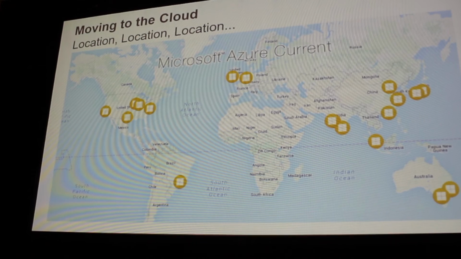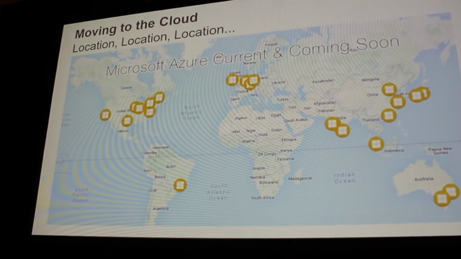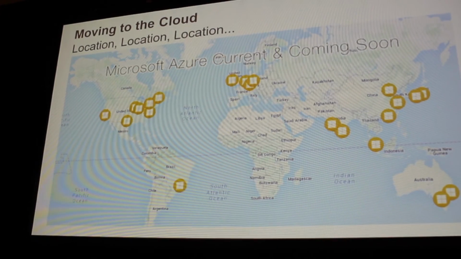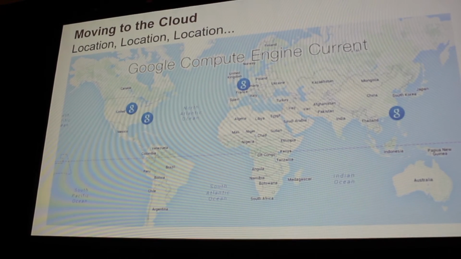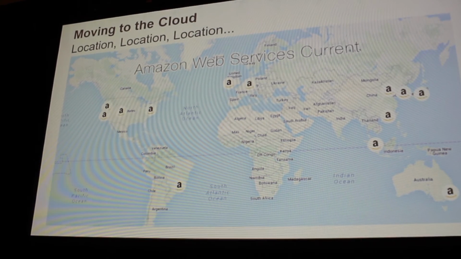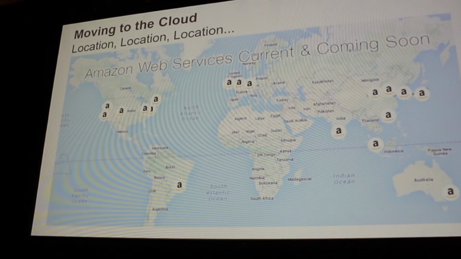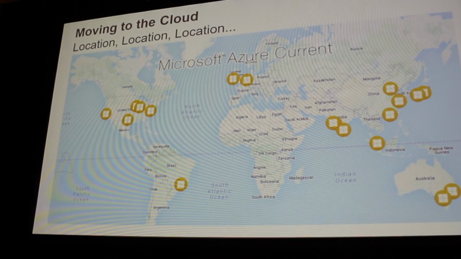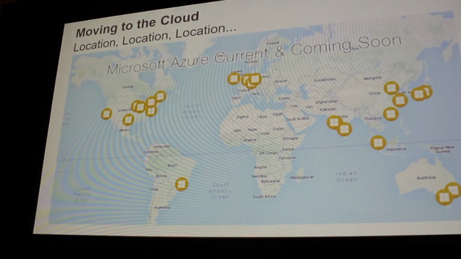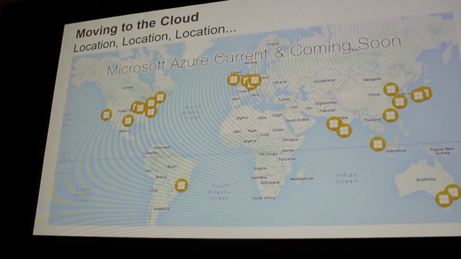You need to really minimize the physical distance between where your users are, where your offices are, and the chosen cloud provider. Because if you're running an app in your own local data center, you could have 1 or 2 milliseconds of latency going over your local network to that app. That sounds great.